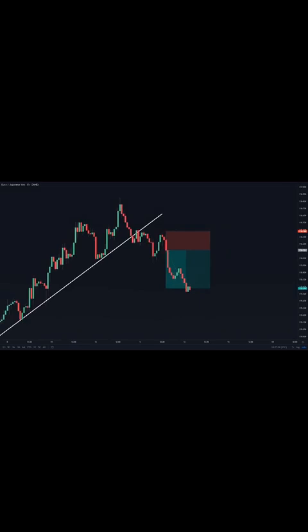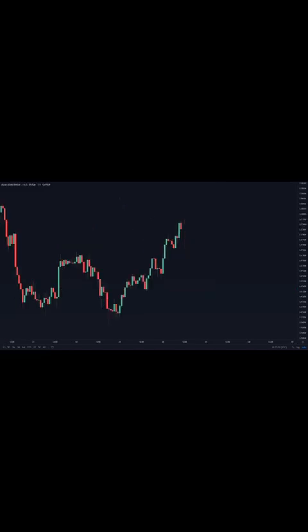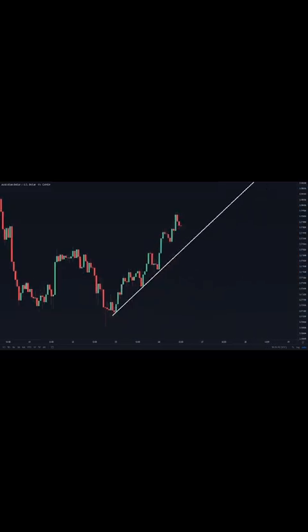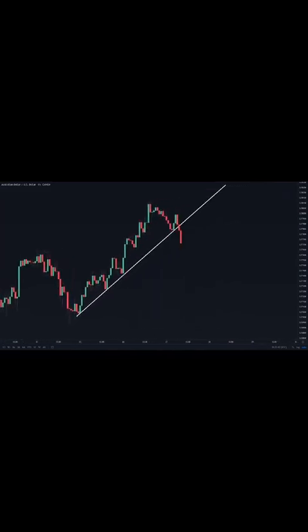Now let's look at other variations of this technique. So in this chart, we spotted a clear uptrend as price is forming higher highs, and below it, we have multiple rejections, meaning we can place an upwards trend line. Next, we can see the price failed to make higher highs and formed lower highs instead, while also breaking the upwards trend line.